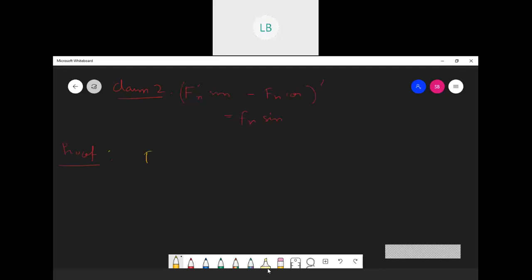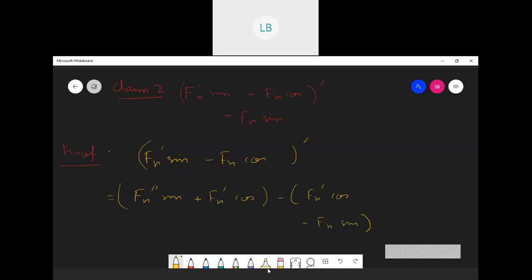So it is (F_n' sin minus F_n cos) whole dash, right? So if we do that, firstly we have F_n'' sin, then F_n' cos, then again differentiating this minus, we have F_n' cos minus F_n sin, right?